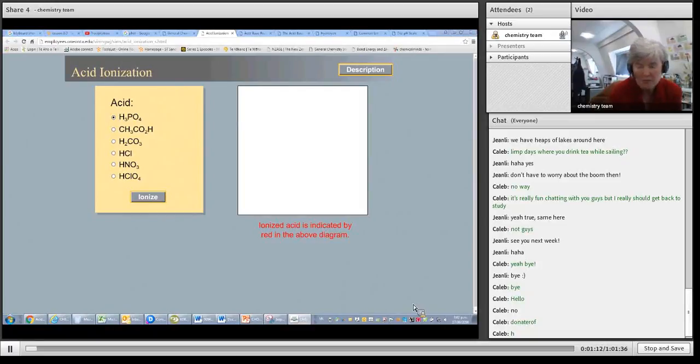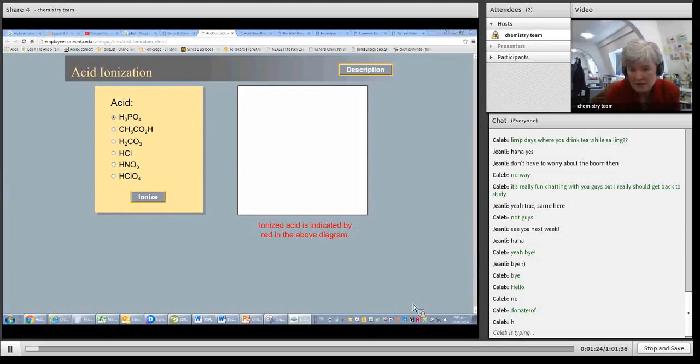Acids, when we put them into water, will release hydronium ions, and bases, if we put those into water, what do they release, according to Arrhenius? Hydroxide ions, correct. And really that is the main definition that you're going to be using at level 2 and level 3 chemistry.